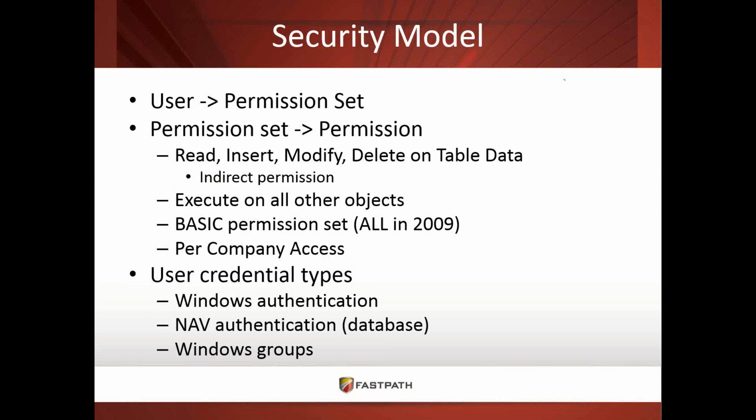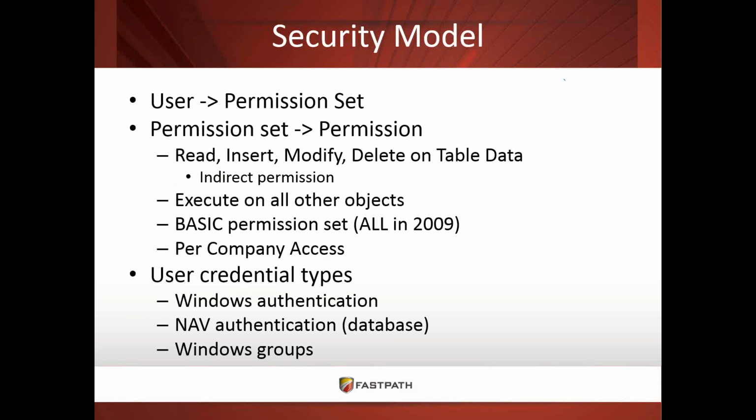And then the last one will be Windows groups. You can go in there, create a new user in NAV, and link it to an existing Active Directory Windows security group. Then you can assign permission sets to that Windows group. That allows you to add users to that Windows group, and those users inherit the access that was assigned to that group.